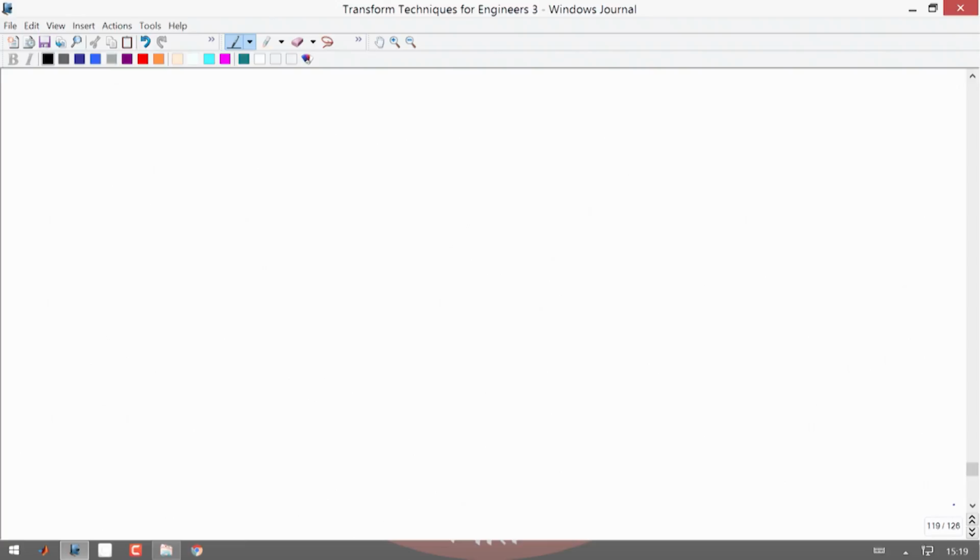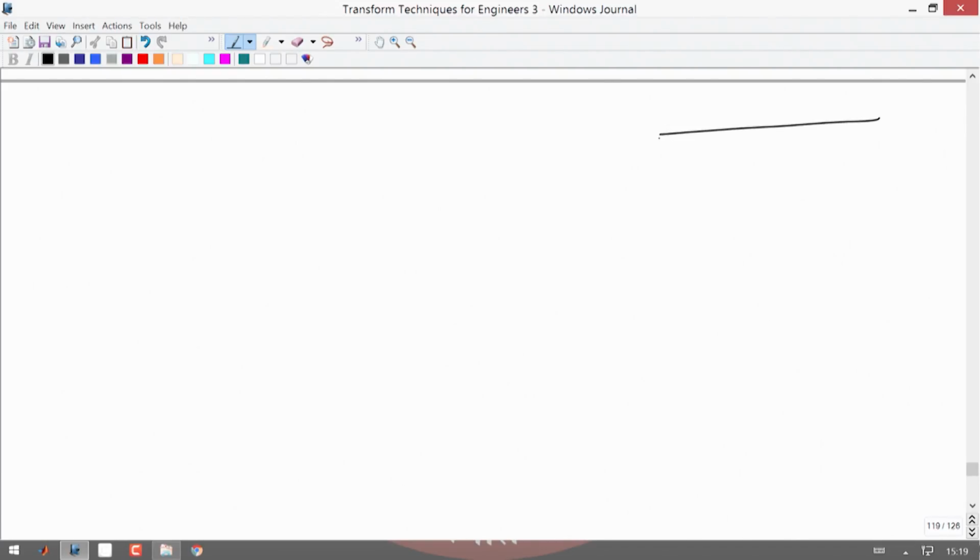Let us solve this problem of heat equation in a semi-infinite domain. So, let us consider a semi-infinite rod, which is at 0 to infinity, this is at 0 and this goes to infinity.